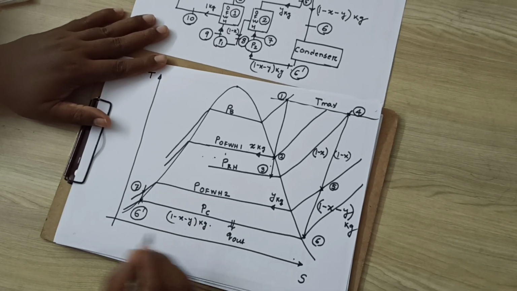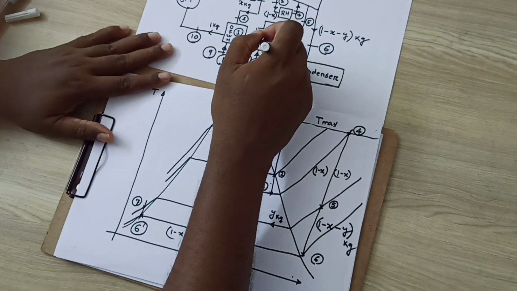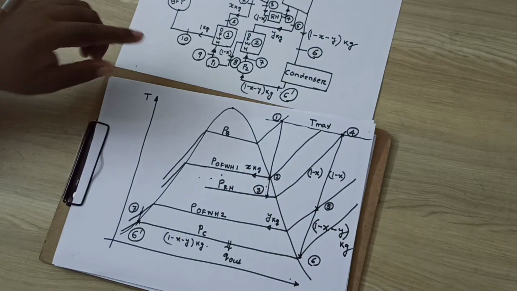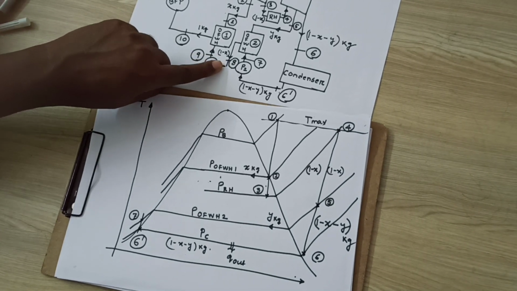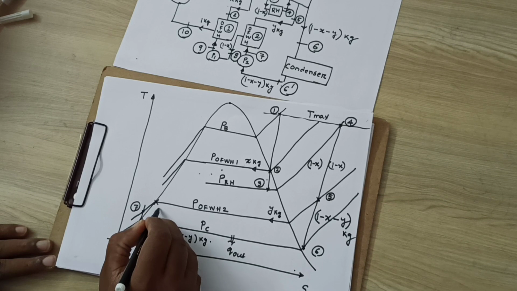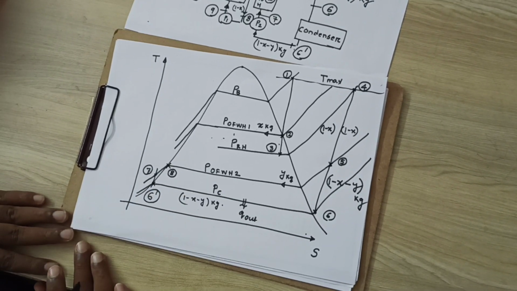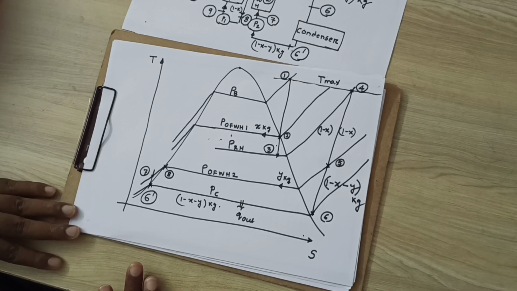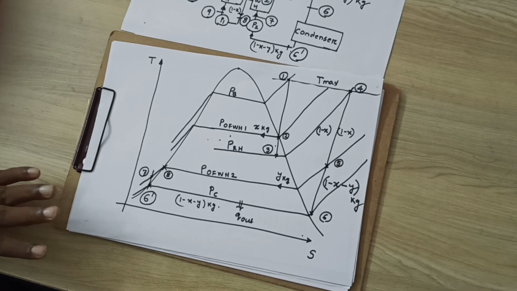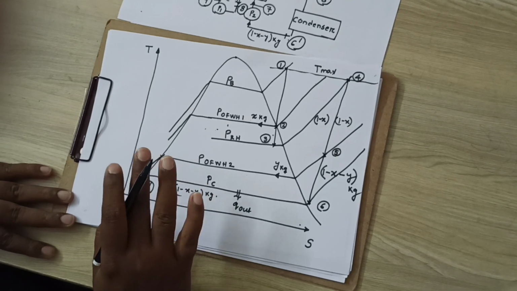And this mixture will be state point 8. By default, we have to take the saturated liquid point at OFWH2. This is the standard, we cannot argue over this. This is state point 8, the saturated liquid at OFWH2.